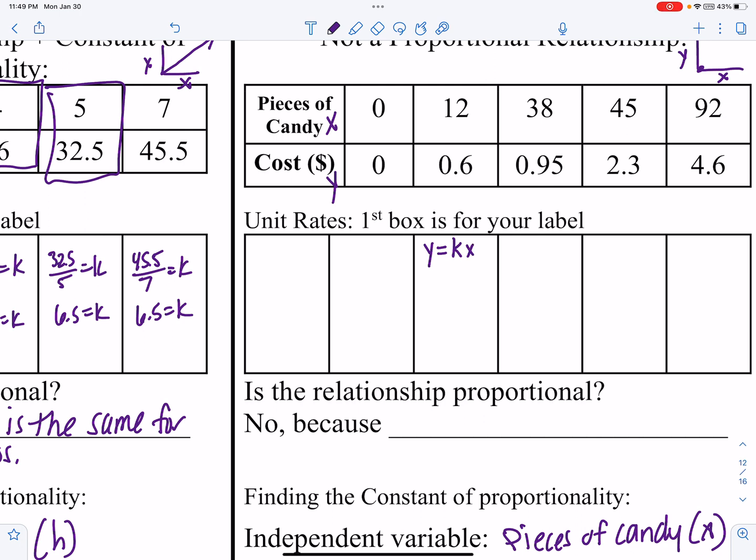Okay, so I'm running 12 times something equals 0.6. So you know that you would just do 0.6 divided by 12 to find that constant of proportionality. Nothing we've done different. Okay, I'm going to divide both sides by x, and this is again where I get the equation y over x will get me k. So let's just plug in our information. So we have 0.6 divided by 12.